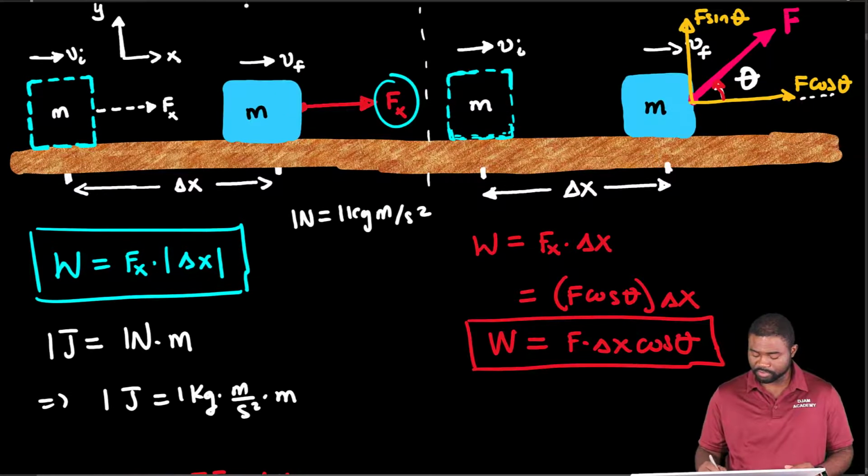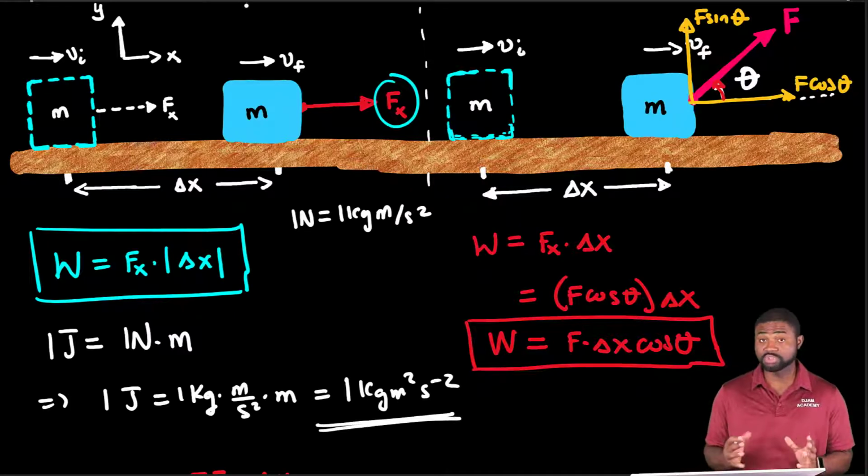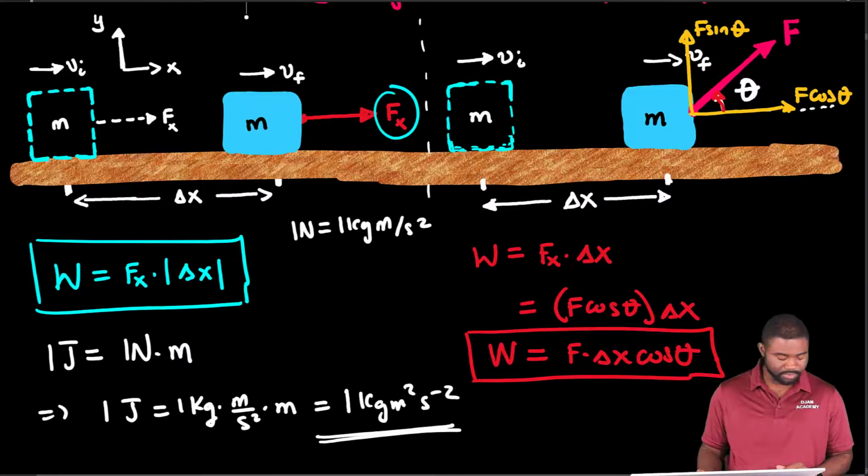If we further simplify, this is equal to 1 kilogram meter squared per second squared. So the joule is a derived unit, which can be expressed in terms of base units: kilograms, meters, and seconds.